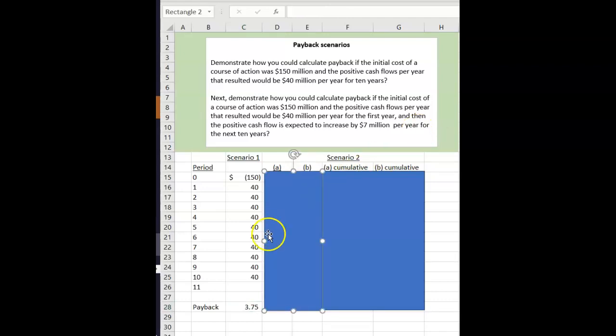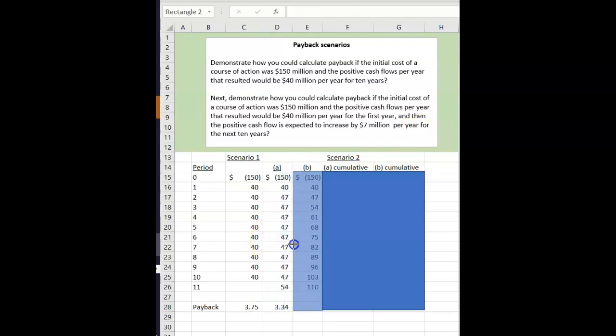All right, well, first, let's assume that you interpret this to mean that the positive cash flows go from 40 million to 47 and then remain constant. If you interpret that to be it just increases once and then holds constant, here's how we would calculate that.